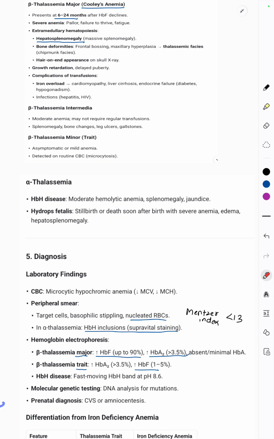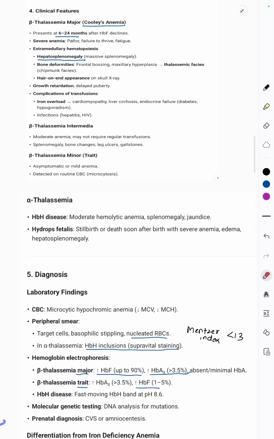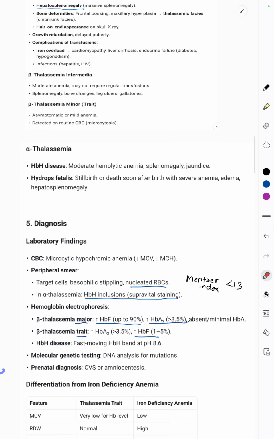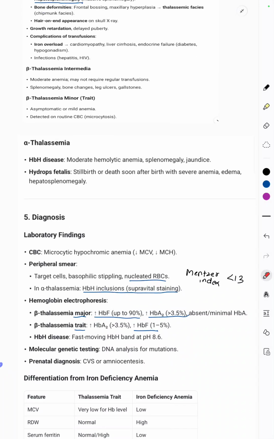Then bone deformities: thalassemic facies with frontal bossing and maxillary hyperplasia, called chipmunk facies, and hair on end appearance on the skull X-ray. It leads to growth retardation, and complications of transfusion lead to iron overload, which can cause restrictive cardiomyopathy, liver cirrhosis, or endocrine failure.